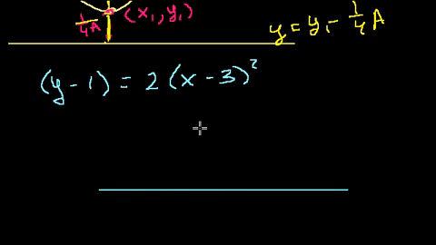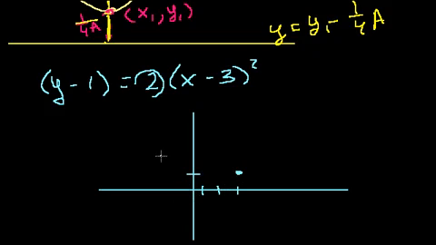Let's see. That's the x-axis, that's the y-axis. Where's its vertex? The vertex is at the point 3, comma 1. So we go 1, 2, 3, comma 1. So that's its vertex. It's an upward opening parabola because this is a positive number. And actually, we don't even have to know that. If you just draw the focus and the directrix, you might be able to figure that out.